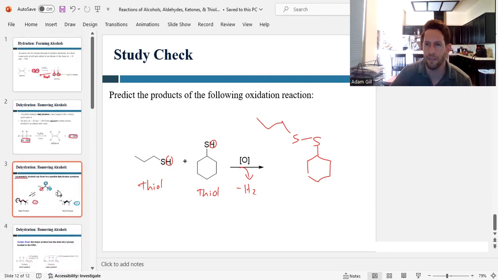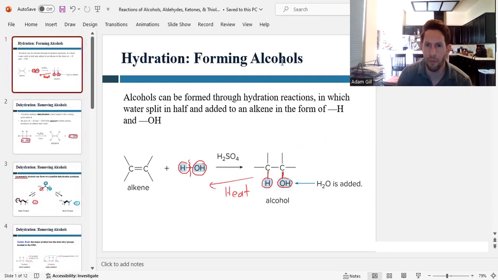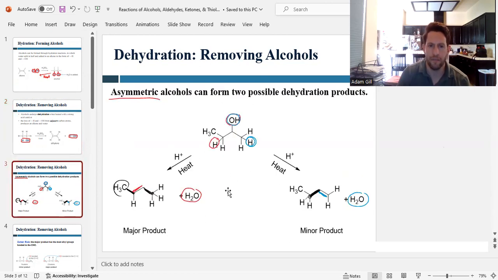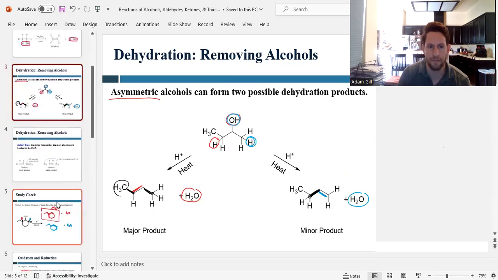So once again, to recap, you form an alcohol by hydrating an alkene. You remove an alcohol by dehydrating it to reform the alkene. And the dehydration forms the major product, which has more carbons attached to the alkene.